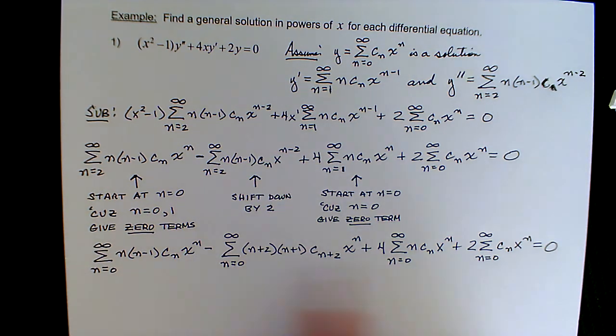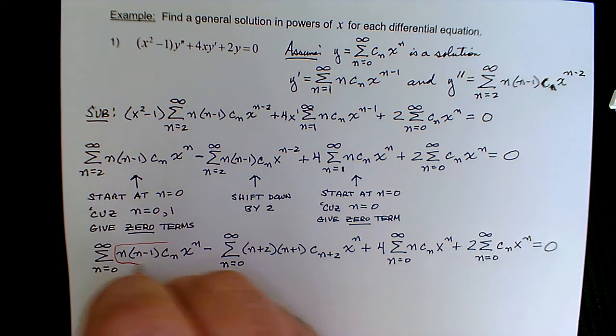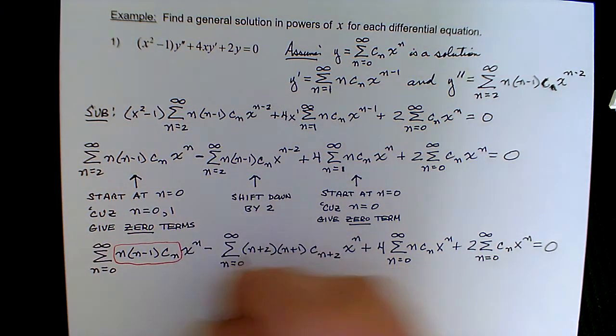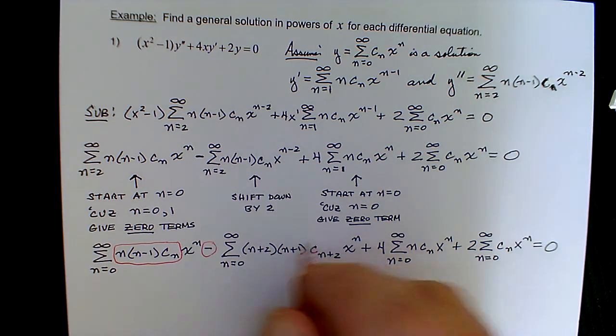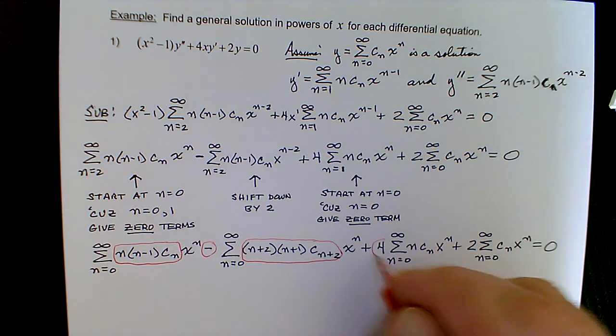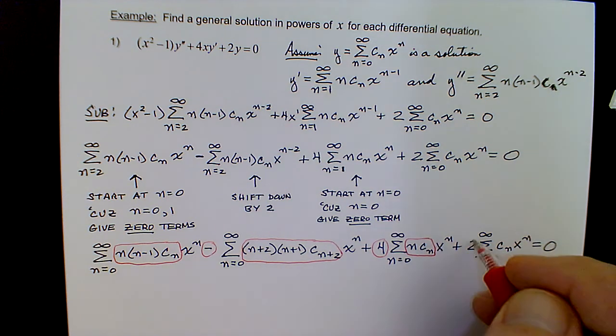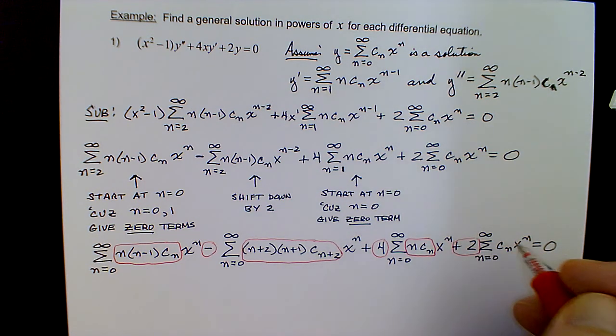That is, all the starting indices are 0. All the powers on x are x to the n. And so therefore we can just peel out the coefficients. Don't forget about the negative in front of this one, and also the 4 in front of this one, and the 2 in front of this one.